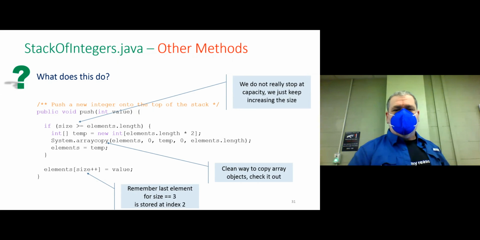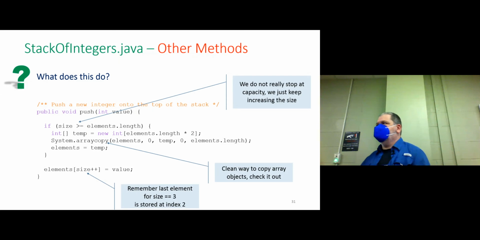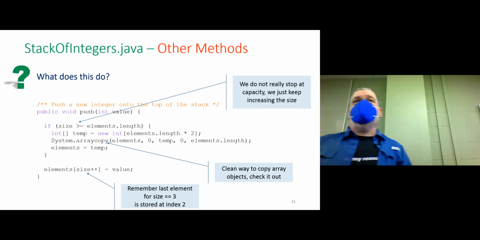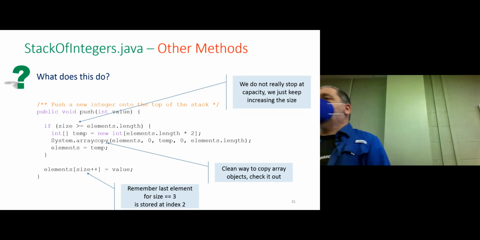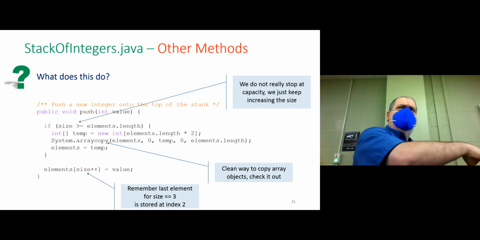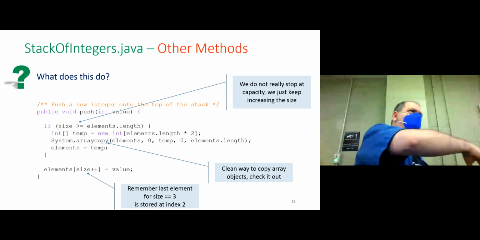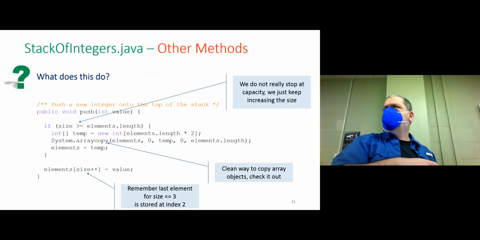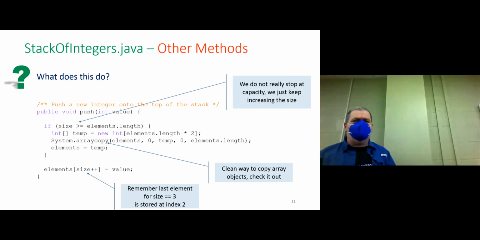And what you have here is the destination array, where the data is going to go. So you could say, I'm taking data from this array into that array. But you could even say things such as, I'm taking data from this array here, starting at index 0, and I'm copying it on the same array, starting at index 100. So the sky is the limit, right? It's a very, very flexible method. You can do all sorts of things.